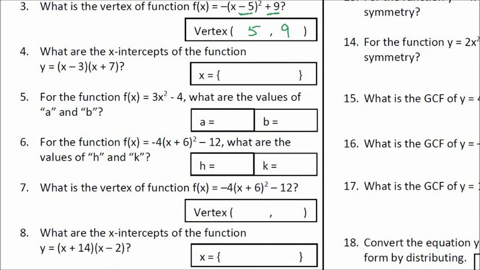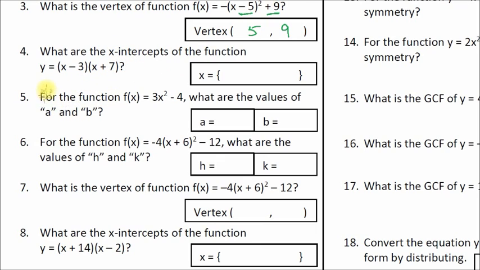Question number 4. What are the x-intercepts of the function y equals x minus 3 times x minus 7? Class, this is a quadratic, and you see no square on any of the variables. That means we are in intercept form, which actually tells us the intercepts.